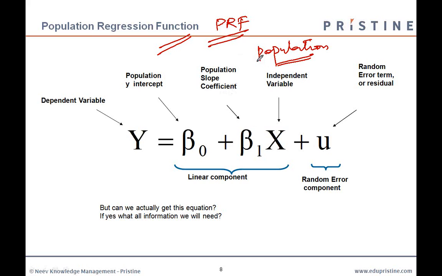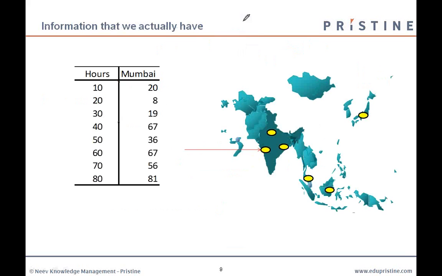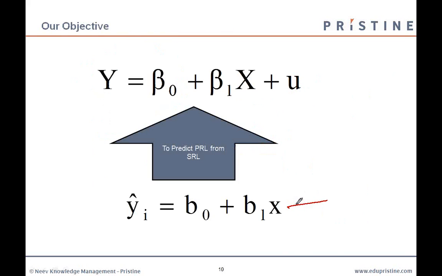We all have the limitation that we don't have enough reach or enough cost to work with the whole population. So we all work with samples. So you get a sample like this, that is, for hours of study, what is the mark obtained for students in Mumbai. And you end up doing the regression analysis here and finally predicting a different equation.